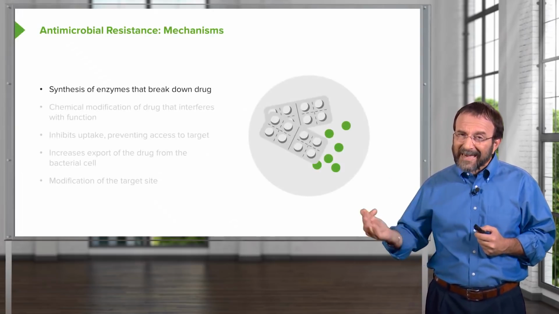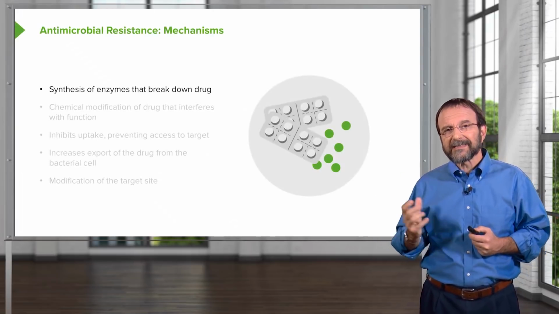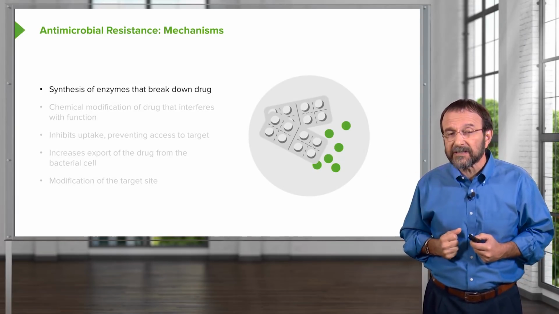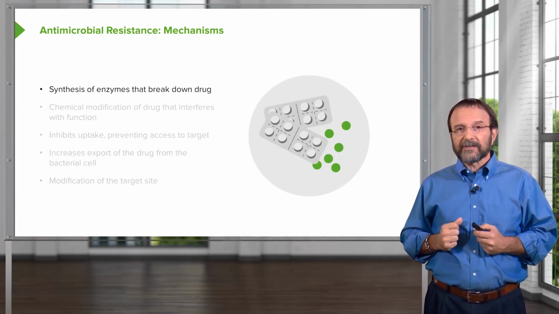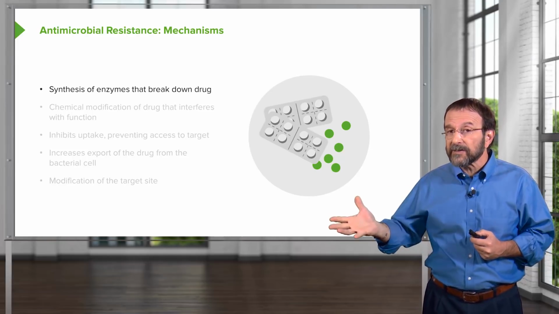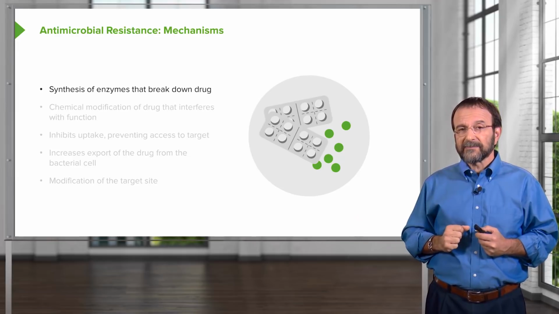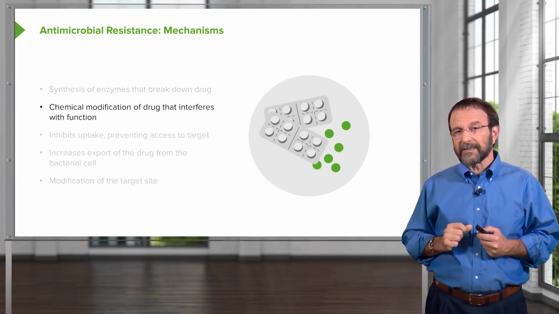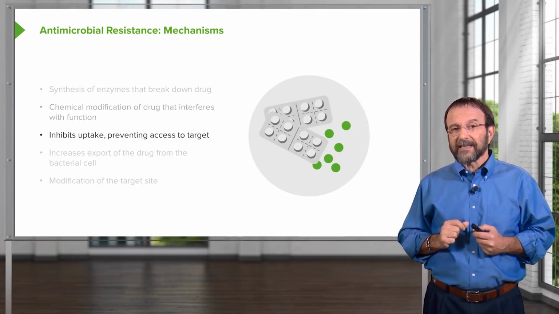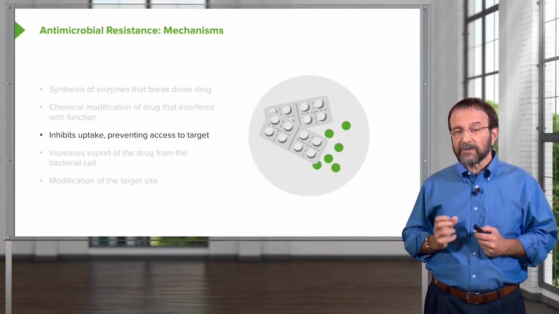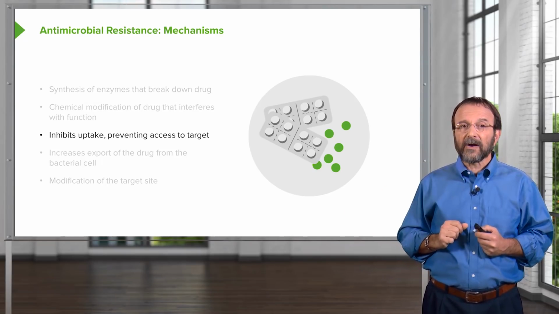There are a number of mechanisms by which these antimicrobial genes, or I should say antimicrobial resistance genes, work. For example, they may direct the synthesis of an enzyme that breaks down the drug, a simple way of doing resistance. They may chemically modify the drug so it interferes with its function. They could inhibit the uptake of the drug into cells and tissues so it can no longer access its target.